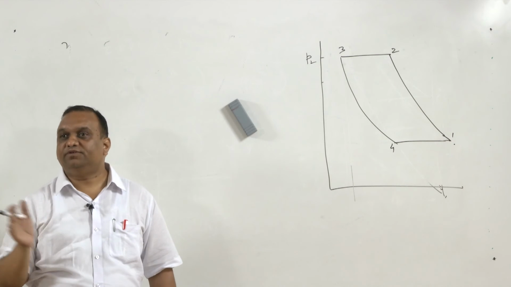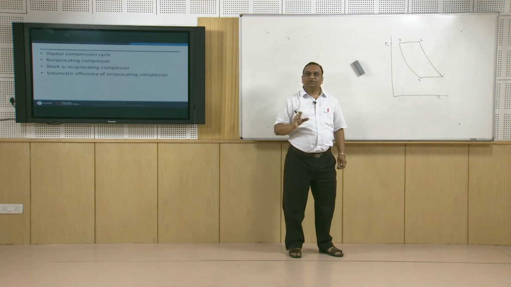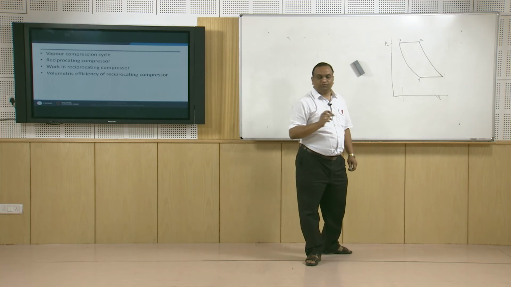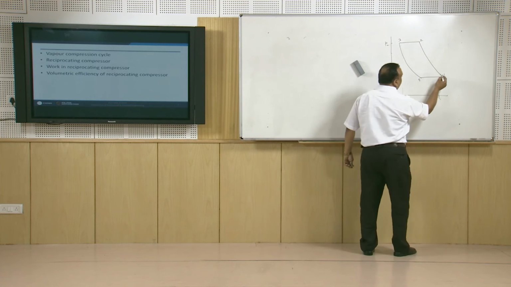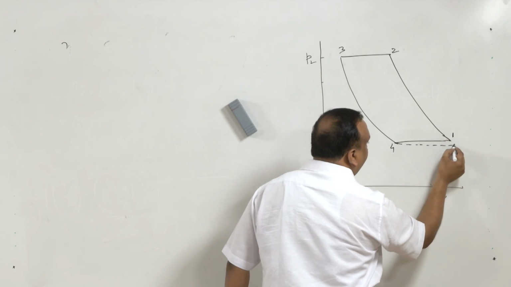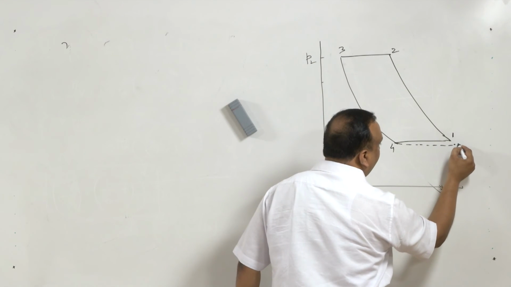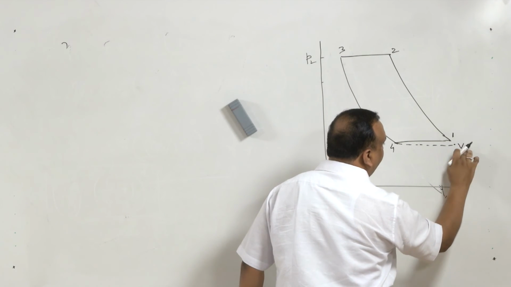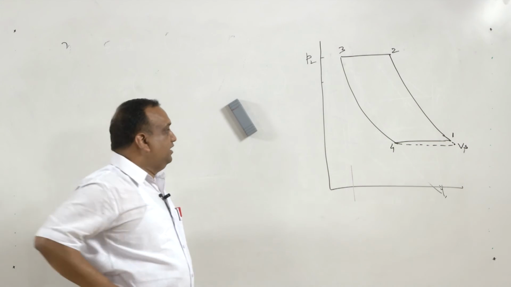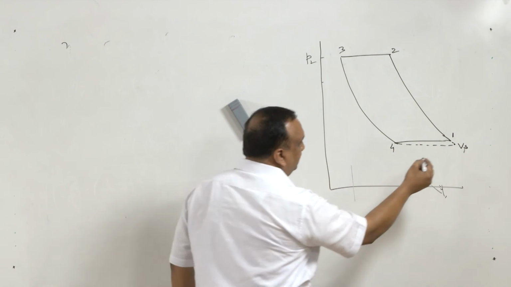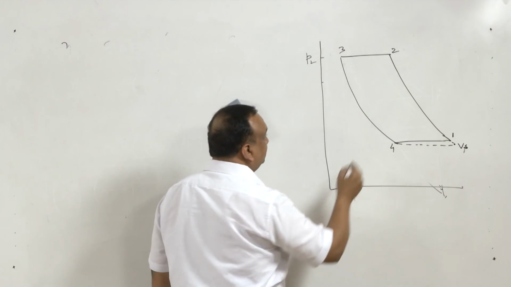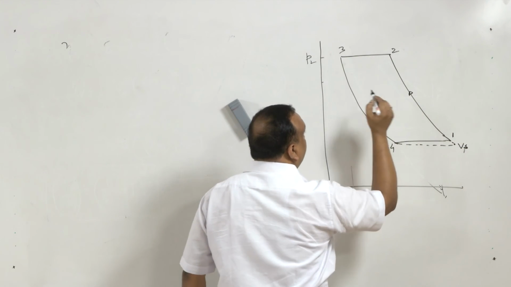Otherwise, air will not be sucked into the cylinder, because for the flow of the fluid, there should be a pressure drop in the direction of the fluid flow. So instead of having state 1, we will have a process something like this. So here we will have Vs suction. Instead of state 1, we are going to have state 1 dash, and at state 1 dash the volume is Vs. The 1 to 2 process will remain the same.